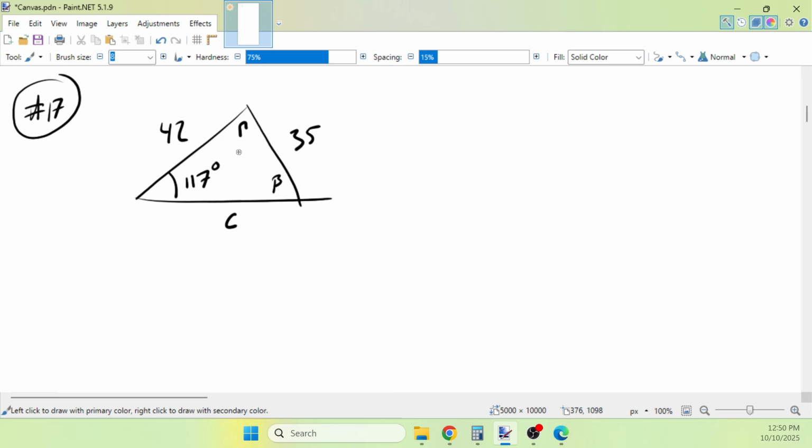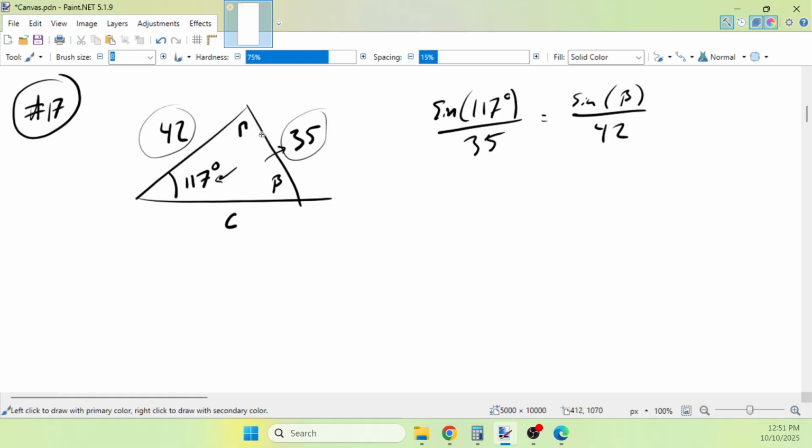Let's see. We can find beta using the law of sines. We have sine of alpha over A equals sine of beta over B. Because 117 is more than 90, it should be opposite the biggest side, and this is bigger than that, so we may get an error.